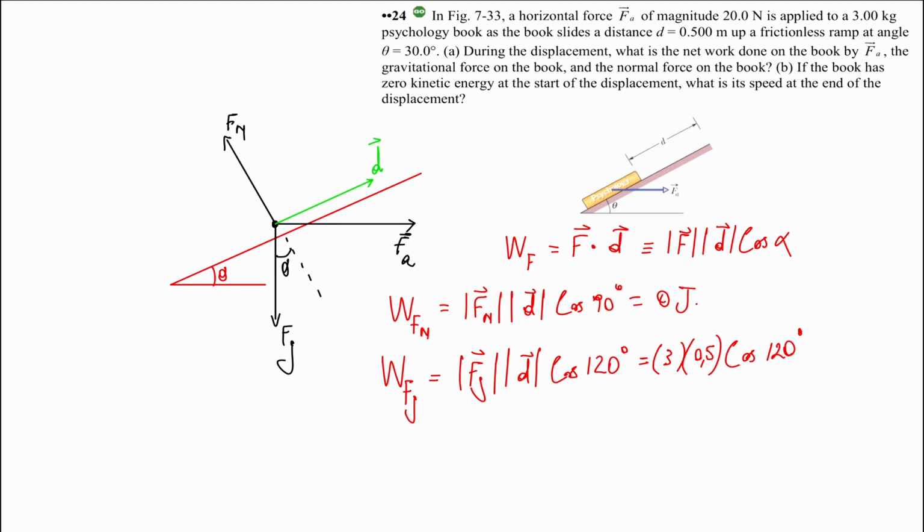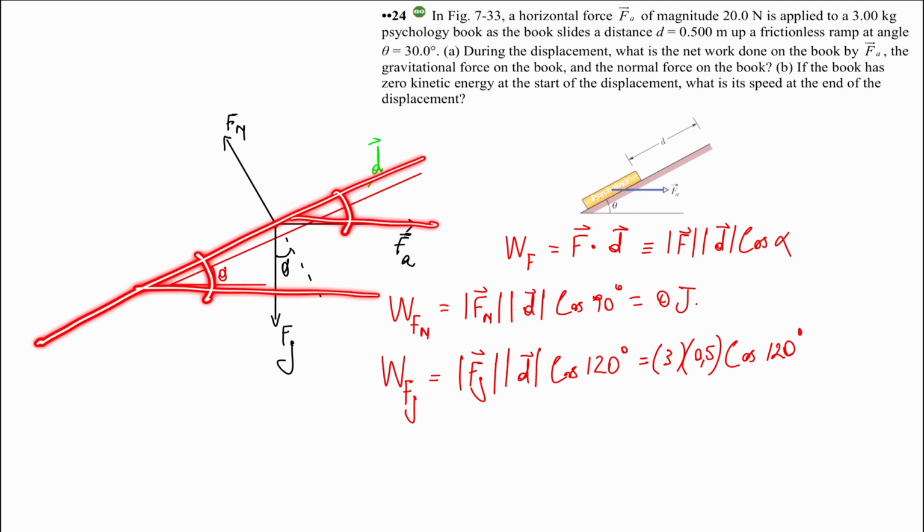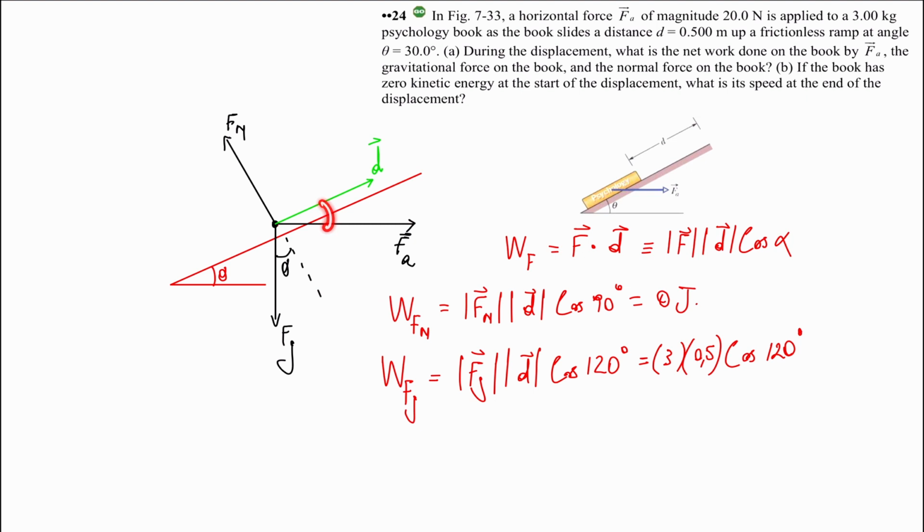And then finally, the work done by the force applied. Notice our force applied is this force. This force makes an angle of theta with the displacement vector. You might notice that these two lines are parallel and they are connected by this intersecting line, so we know that these angles are corresponding angles. So the angle here must be theta.